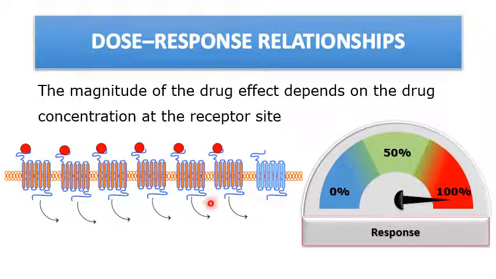And here in this case, 100% of the response was produced by occupying most of the receptors. And these receptors are not necessarily to be occupied. Let's consider them as spare receptors, which means that there is no need to occupy all the receptors to produce the full response, as we have explained in previous slides.